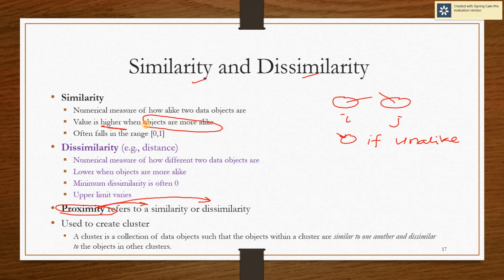So if we say that these two objects I and J are similar, or identical, it will give a similarity value of 1.